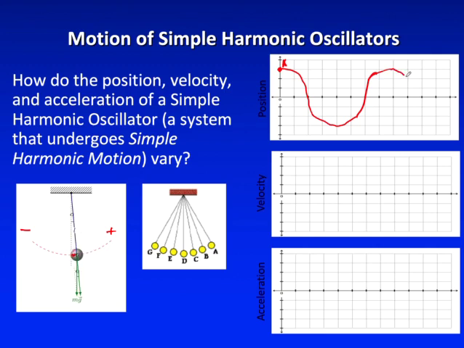What would this point be right here? This is point D. What's this point down here? This is point G. This is back to D. Back to A, back to D.